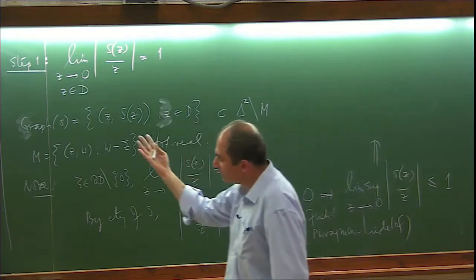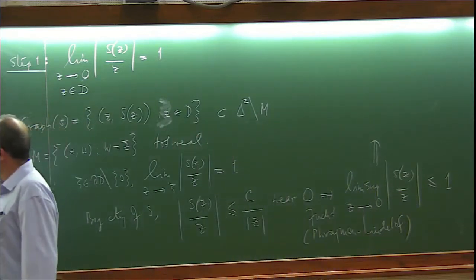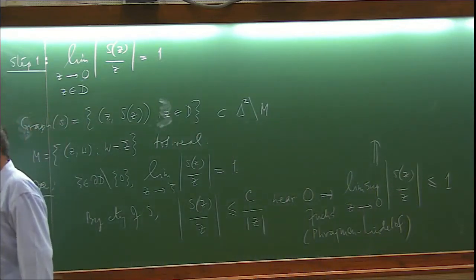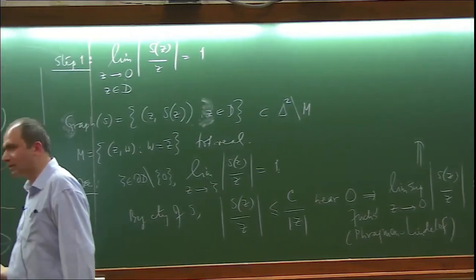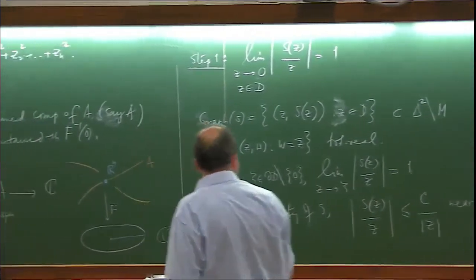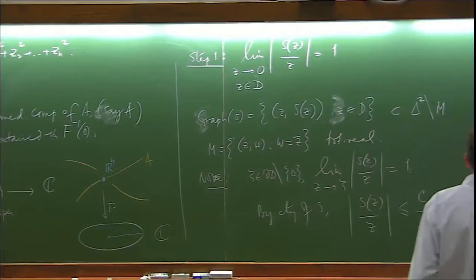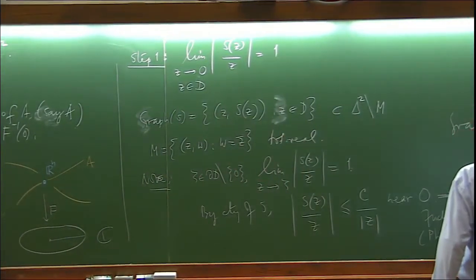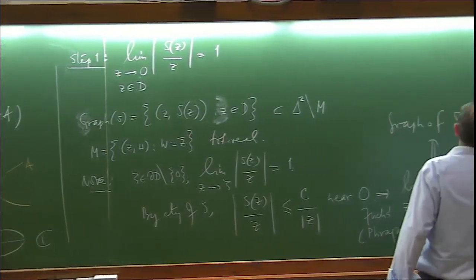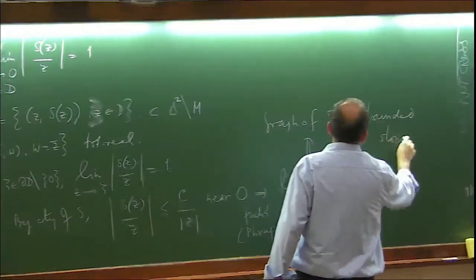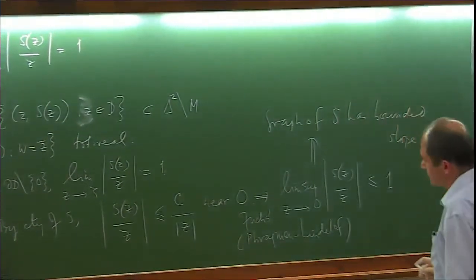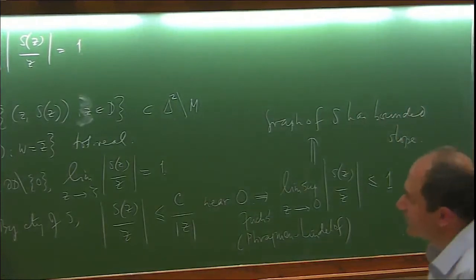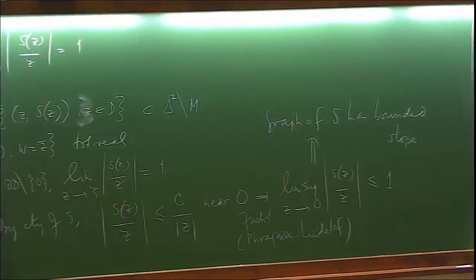So you cannot have components of A which are vertical with respect to this projection. Bounded slope. No vertical components. Okay?